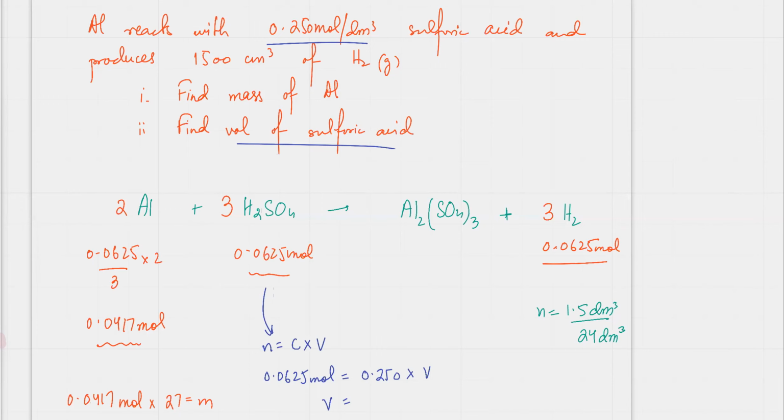Kevin, what are we getting? 0.25. For this one, 0.25? Yes, sir. 0.0625 divided by 0.25. Are you sure?